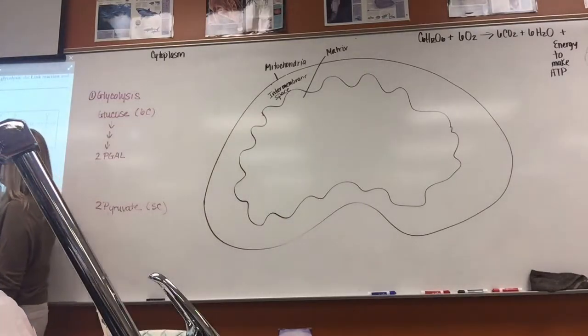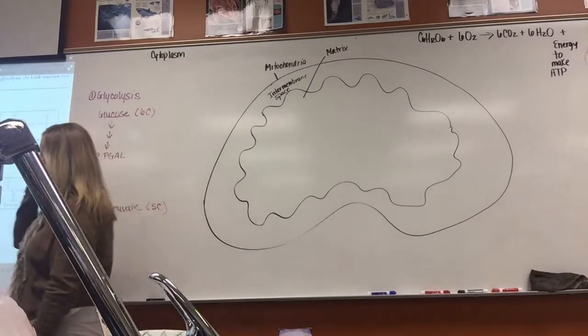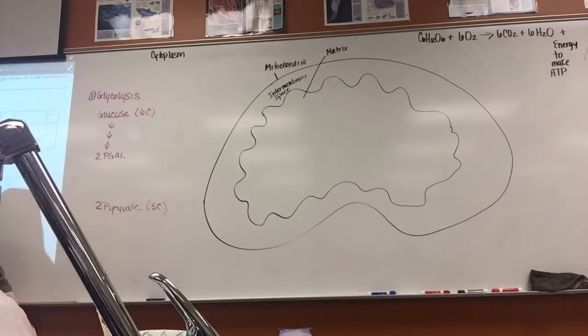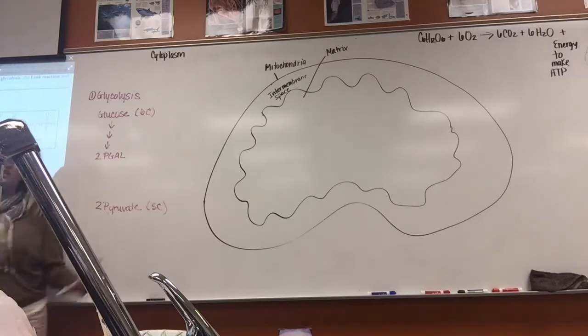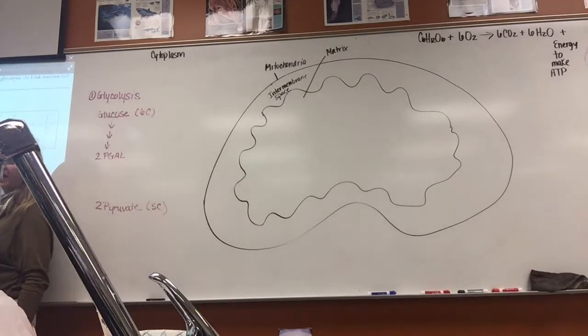So what happens is it phosphorylates the molecule that was once glucose, so you have a phosphate group here. P-GAL now has more energy than glucose, because the energy that was once in ATP is now in P-GAL, and now we have ADP, which is lower energy than ATP. That's what this diagram was showing you. That's why this is up high here, because they're relating potential energy: P-GAL has more energy than glucose. Glucose is a high energy molecule, but P-GAL has even more energy, and the reason is the use of the ATP.